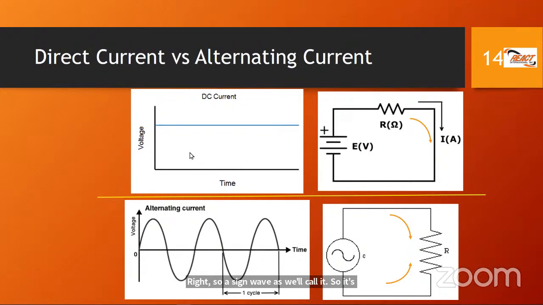So you have direct current, and there's a schematic diagram as shown before. We're matching it, direct current. This is the graph of current over time. And here, for the alternating current, is also a graph of voltage over time rather, and it shows that it alternates between positive and negative. And we'll see the schematic diagram here that shows an alternating current circuit.